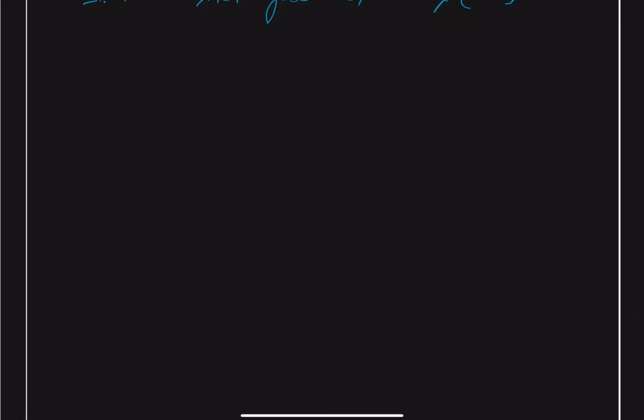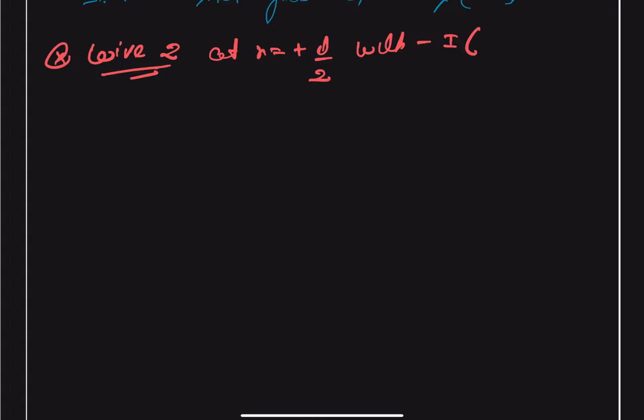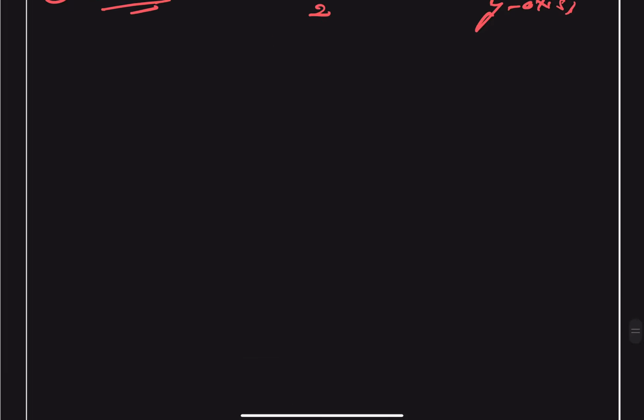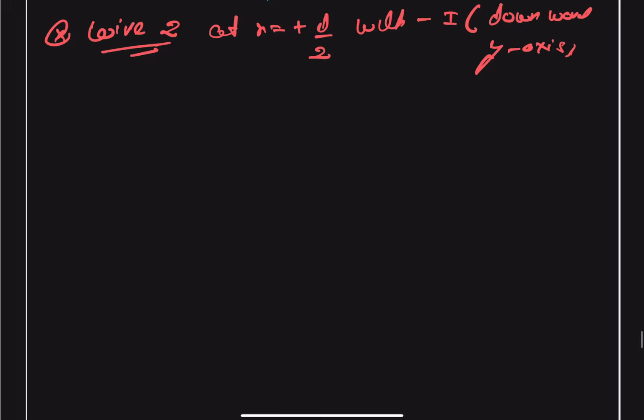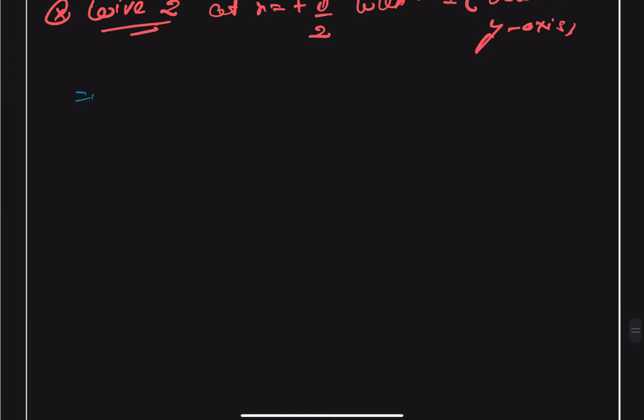And now we come to wire 2. Wire 2 is at a distance of plus d by 2, and it has a current of minus I, downward along the y-axis, and the magnetic field in this case, suppose B2, will be along the z-axis.